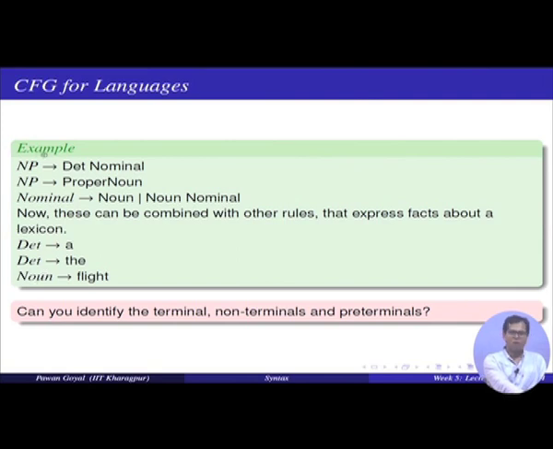And apart from that, all the variables like NP, nominal, they are my non-terminals. For proper noun, no example is given, but proper noun is also a pre-terminal. It's a part of speech category. It can give you some words in the lexicon. So these are my terminals, non-terminals, and pre-terminals.